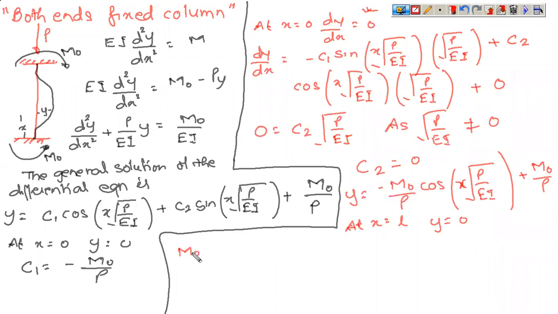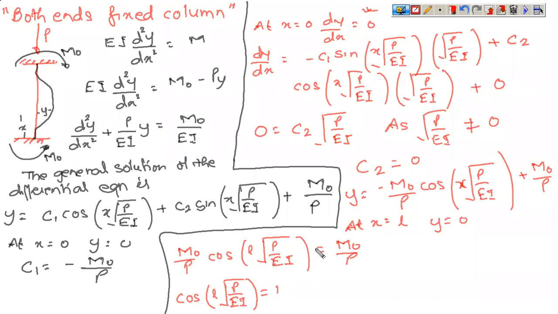So you have m naught by p cos L under root p by EI is equal to m naught by p. So cos L under root p by EI is equal to 1.